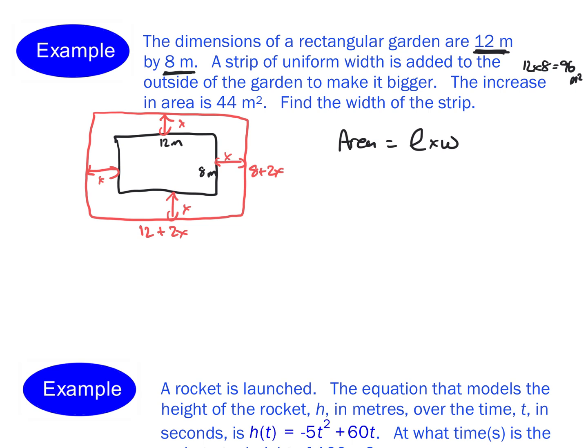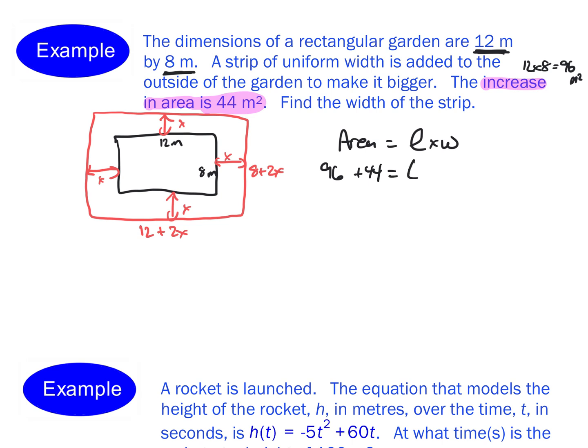Now, in the question, it tells us that there's an increase in area of 44 meters squared. In other words, we don't know exactly what this length or this width is, but if we multiply them, the answer is going to be the original area increased by 44. So 96 plus 44 is the new area.